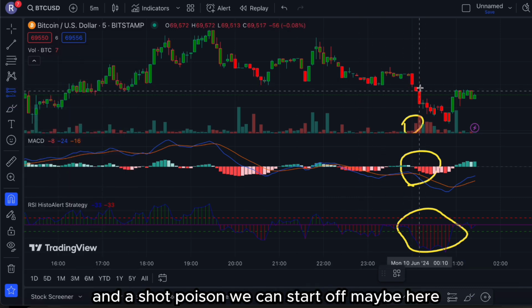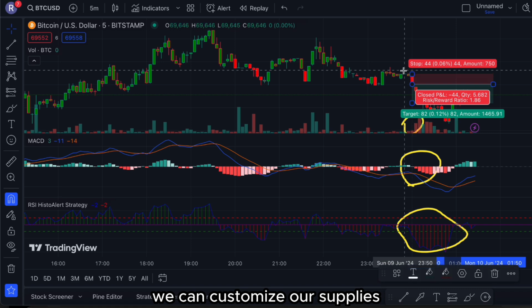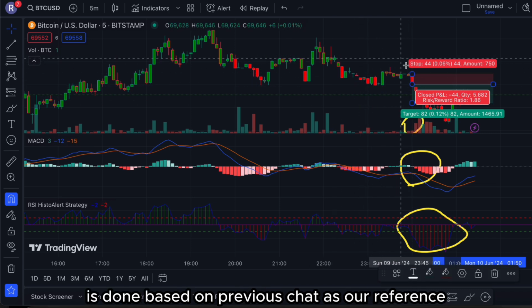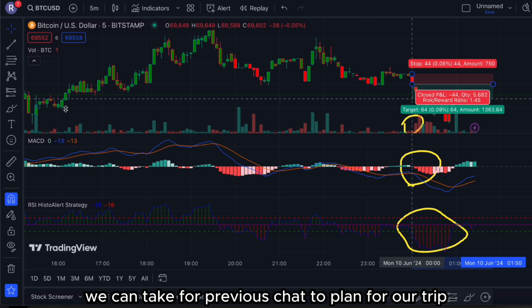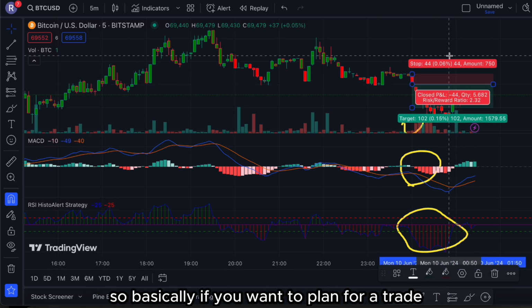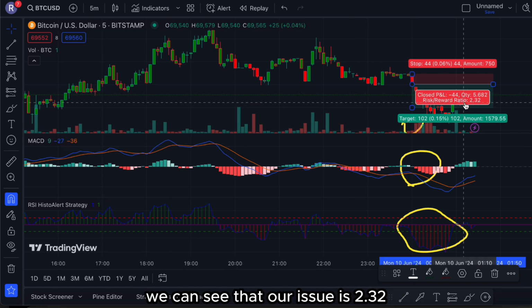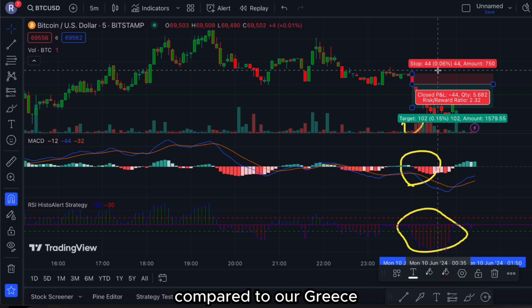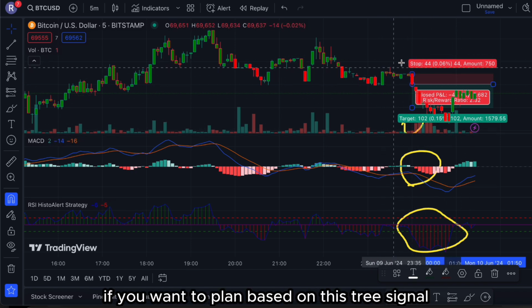For a short position, we can start off maybe here. We can customize our support and resistance based on the previous chart as our reference, and also use the previous chart to plan our trade. If we plan a trade referring to previous support and resistance, we can see that our risk reward is 2.32 compared to our risk, and we can plan for this short-term momentum based on these three signals.